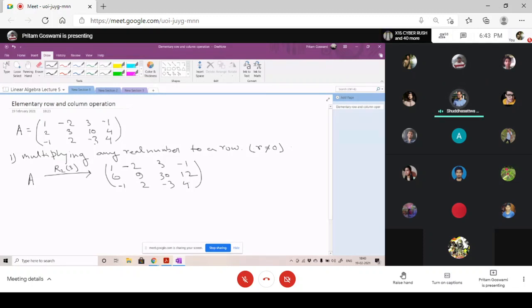Sir, we also have to divide it by the same number outside, right? No. Multiplication of a matrix means you multiply all the elements, but here you are dealing with a row operation. In a row operation you multiply a row by a particular non-zero number. You cannot multiply all the rows; you just multiply one row only.